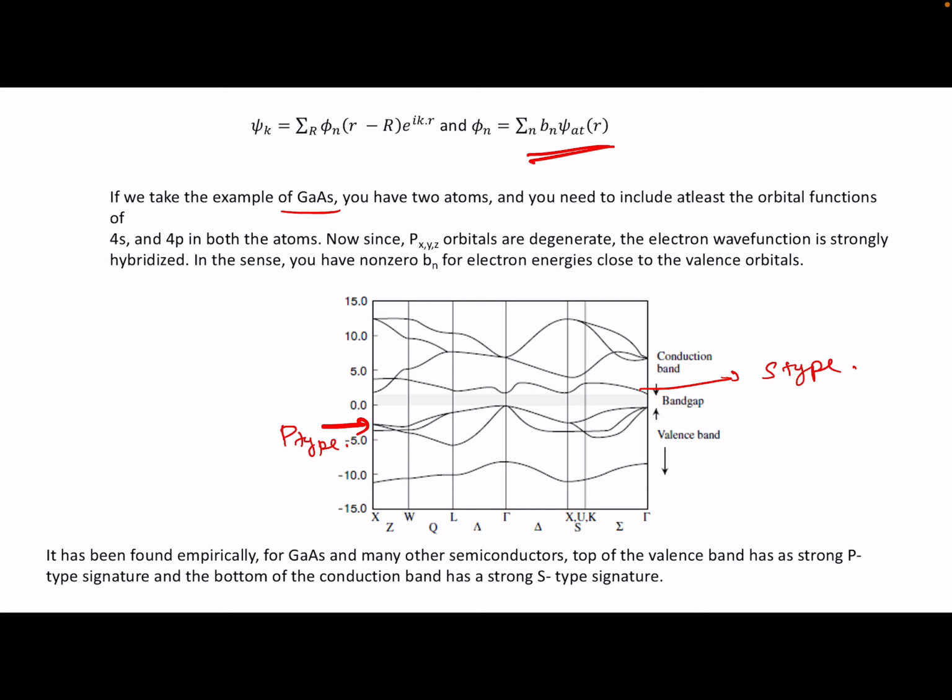And when we talk about electron energy levels in this line, b is non-zero only for p-type orbitals, and when we talk about electron energy levels here, b is non-zero only for atomic orbitals which are s-type. So basically, if it is gallium arsenide, this is 4s and this will turn out to be 4p. Sorry, this will turn out to be 3p, right?